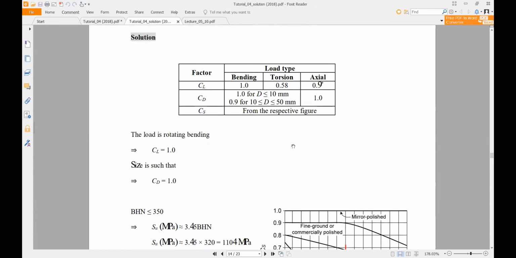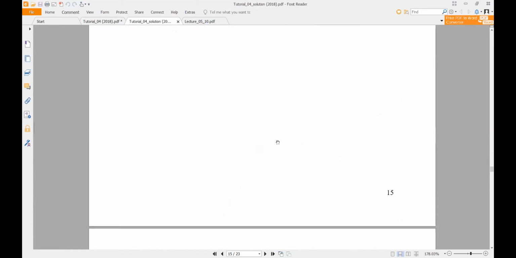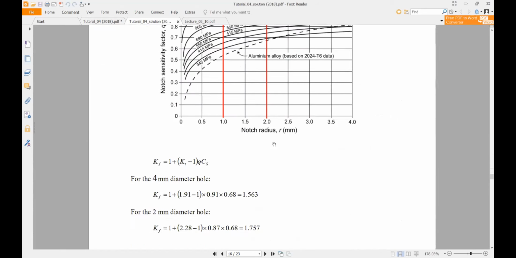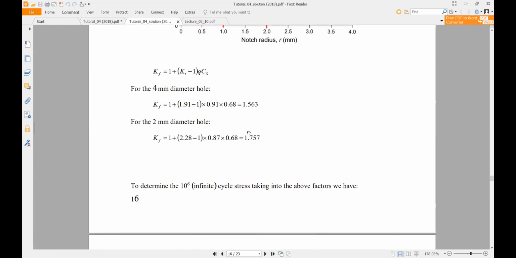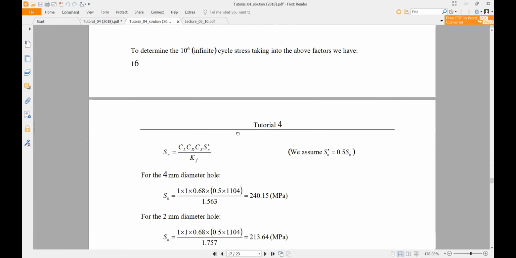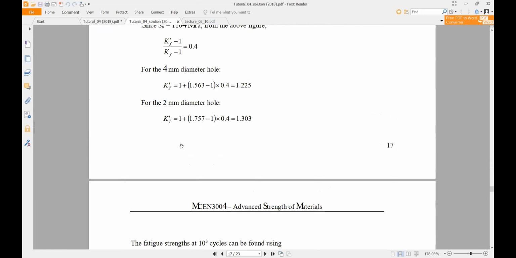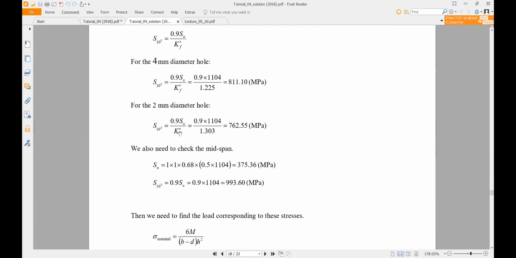Anyway, you can find out the CS, CD, CL, and find out the KT value. And then K prime, and then for each stress ratio point, the strength at 10 to the power 6 cycles and 10 to the power 3 cycles. Okay.